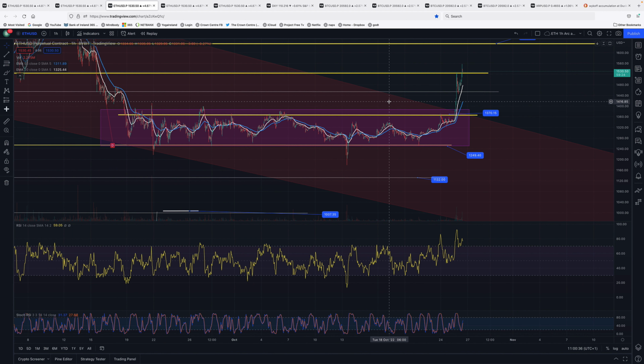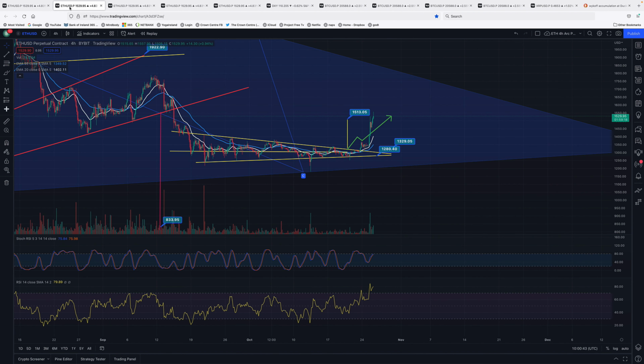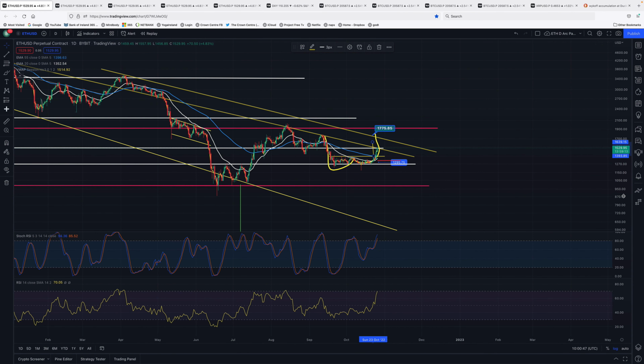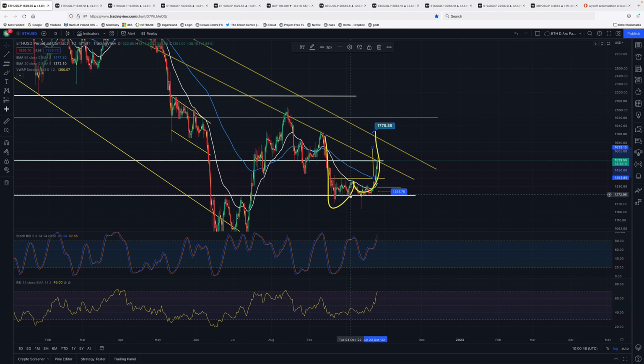So these would be the two intermediary levels for Ethereum to backtest. And if the backtest holds, so the same trend line that we broke here, this W pattern holds, if the trend line holds at 1400, we're continuing to move up.